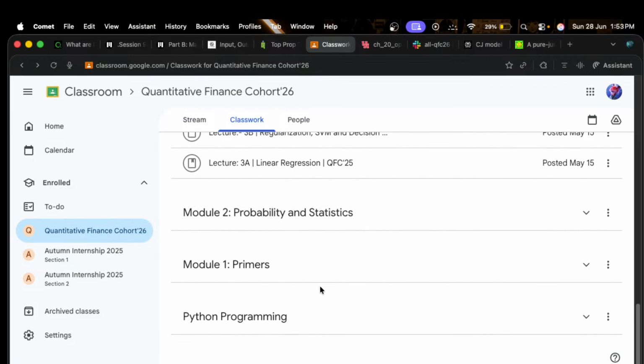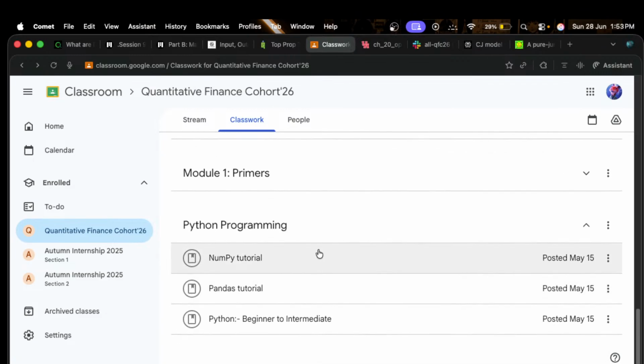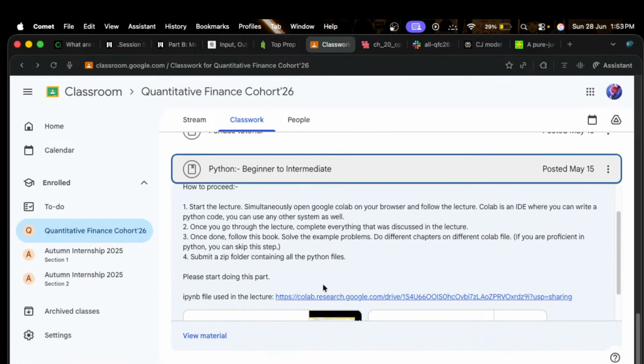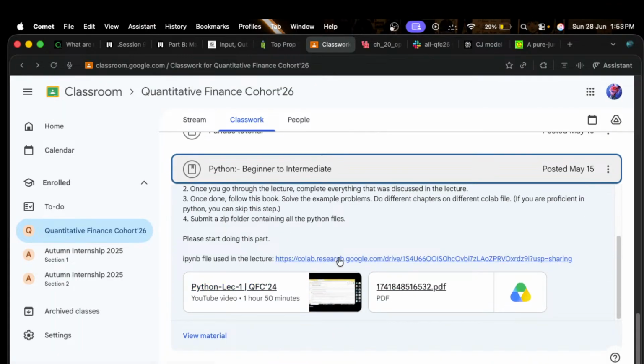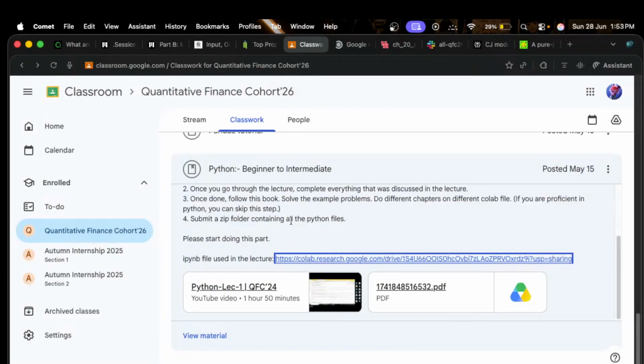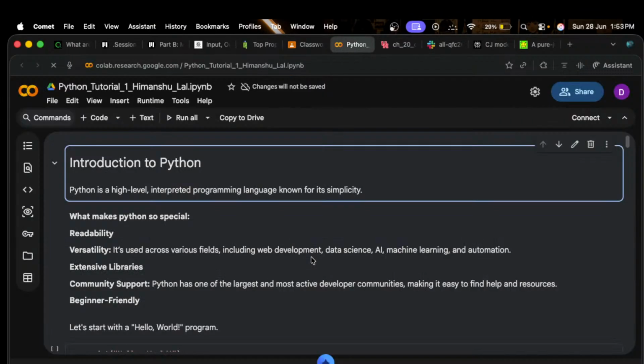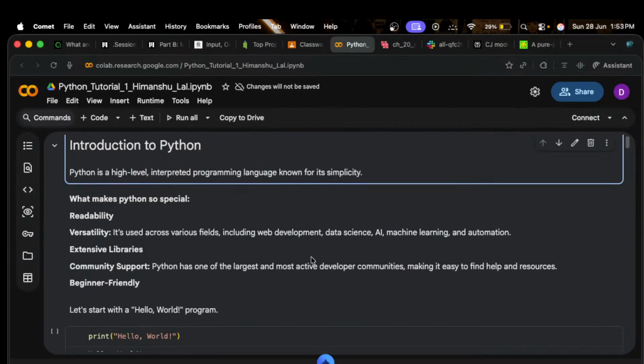Okay, can I see the Colab file? Like what actually is it? If it's from basic to intermediate, it should have included a lot of things.